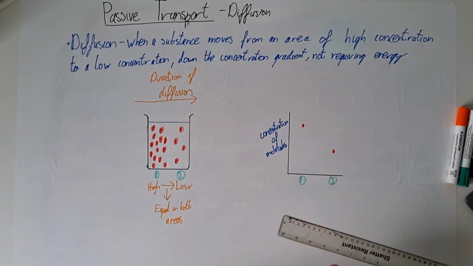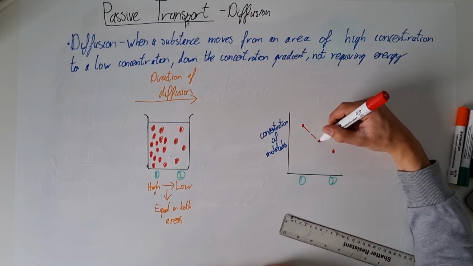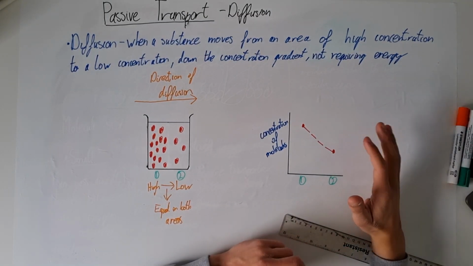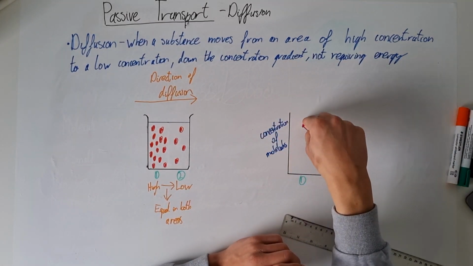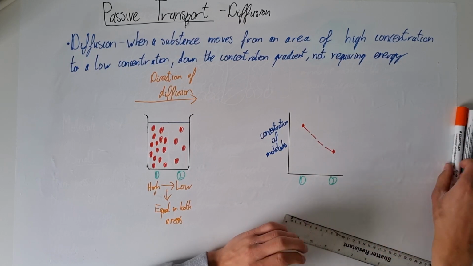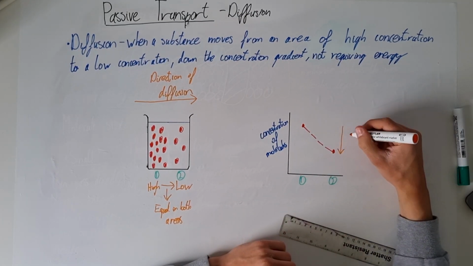And this means when the barrier is removed, we're going to go like this, down the concentration gradient. So all this means is we're going from here, an area of high concentration, to an area of low concentration. Therefore, we're going down the concentration gradient.